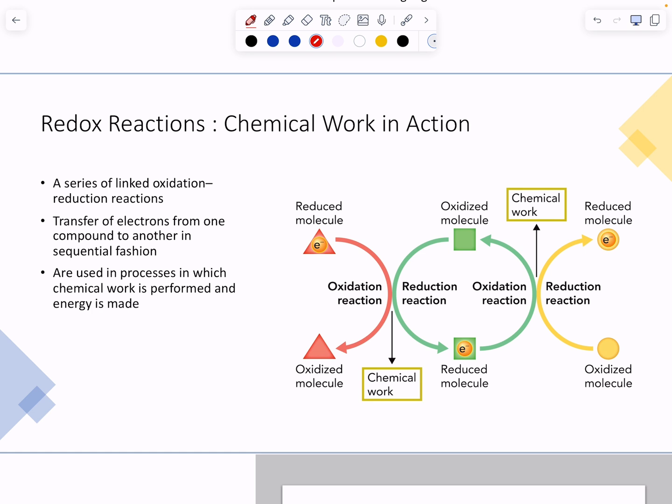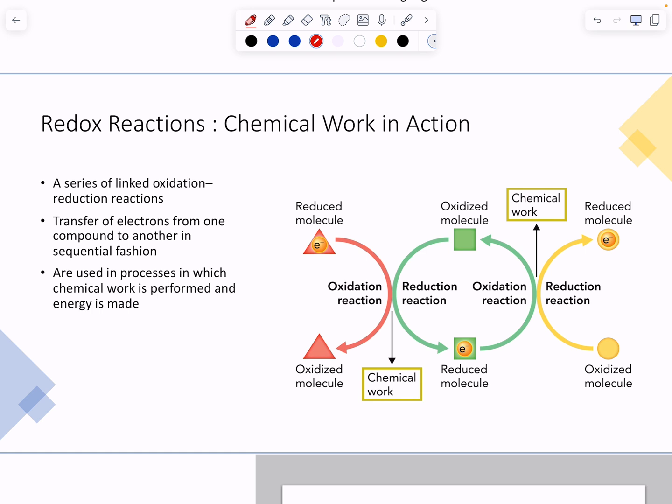In biology, we have series of them where your electron carriers are arranged so that their reduction potentials are ordered, making it easy for one molecule to pass the electron on to the other.